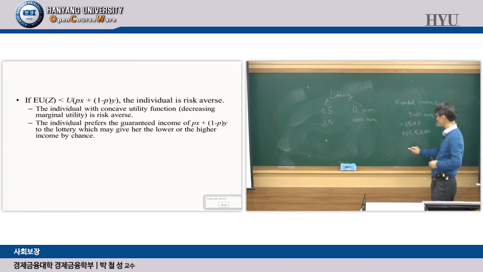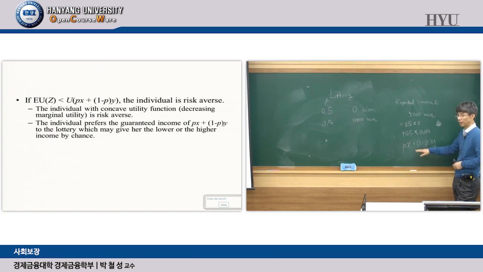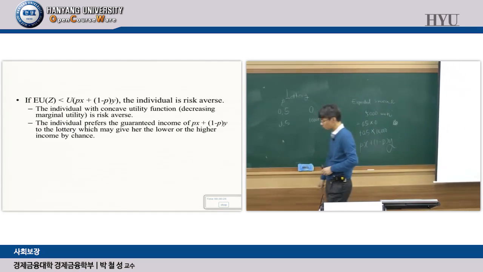In more general terms, we write it as P times X plus 1 minus P times Y. This is just the expected value of the lottery, which means that if you participate in the lottery many times, you are expected to end up with 5,000 in your pocket.